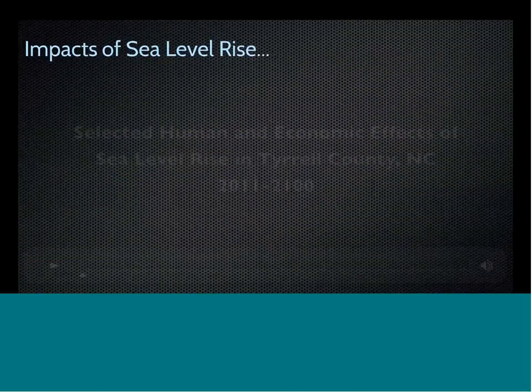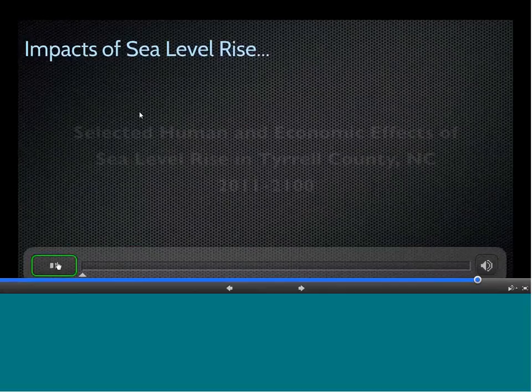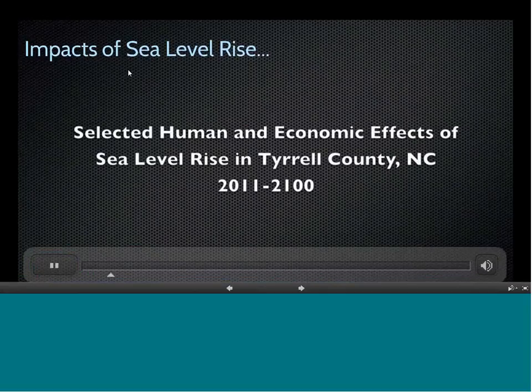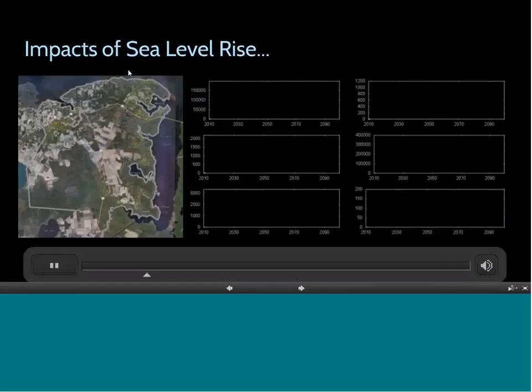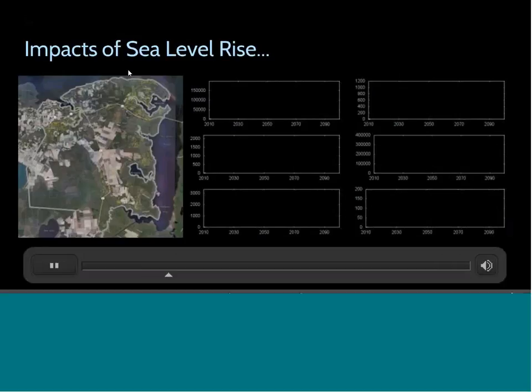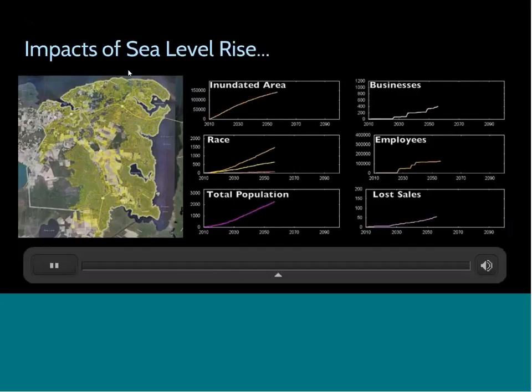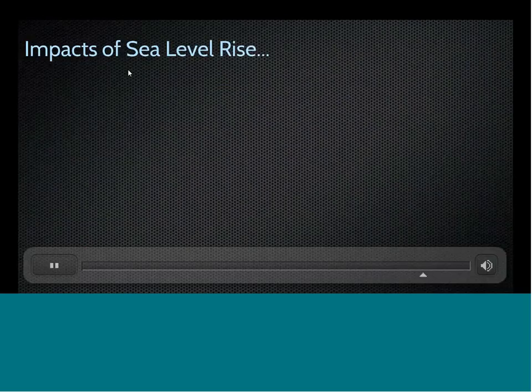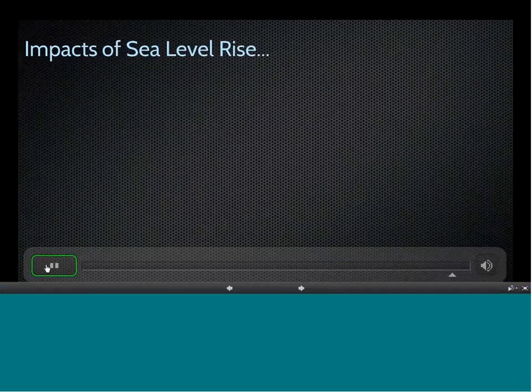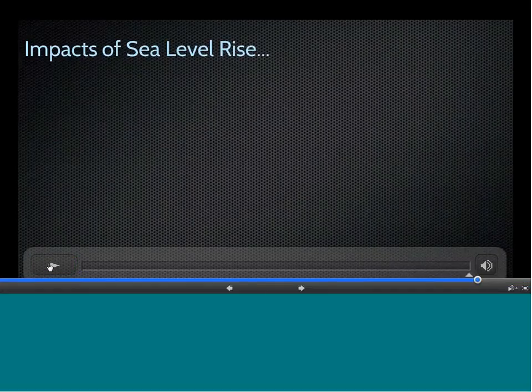Another thing that we might want to do is use the synthetic population in applications. This is a video that shows what would happen with sea level rise in eastern North Carolina. The yellows are the inundated areas over the next 100 years, and the charts show how many people by various characteristics and how many businesses would be lost or forced to move based on that particular sea level rise scenario.